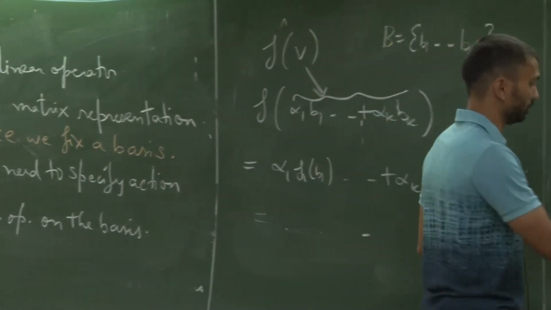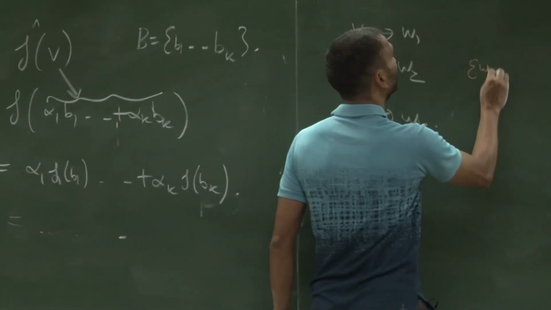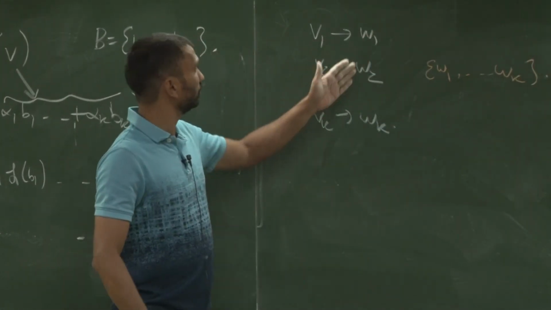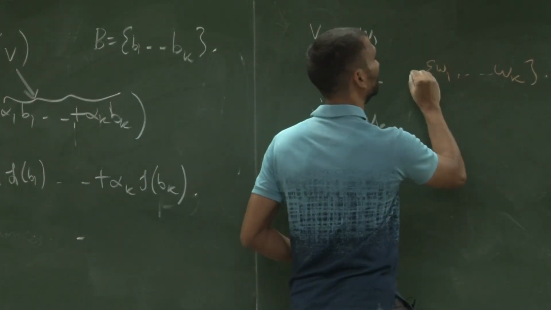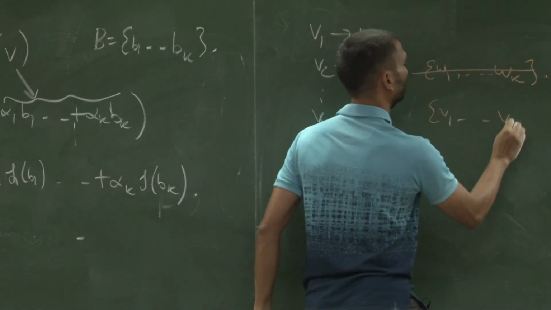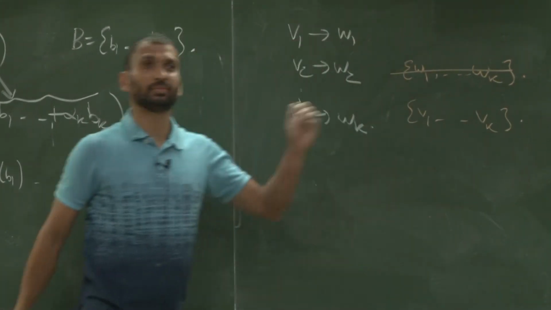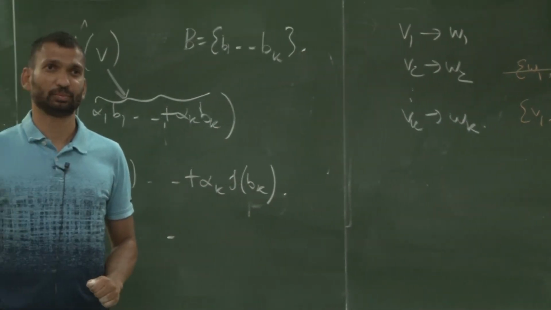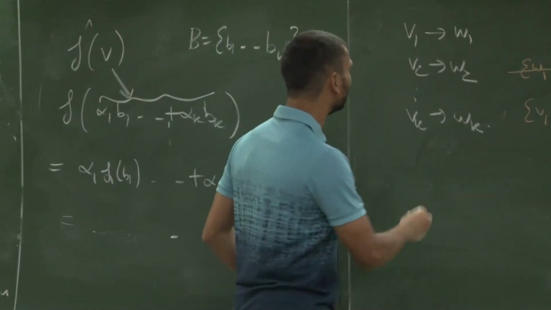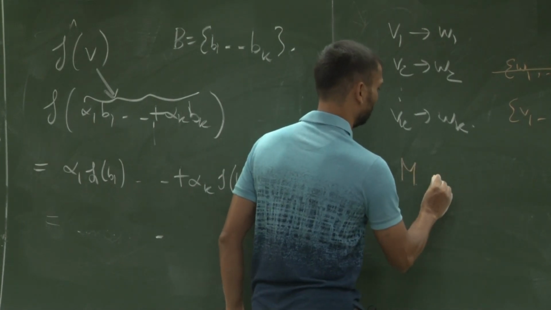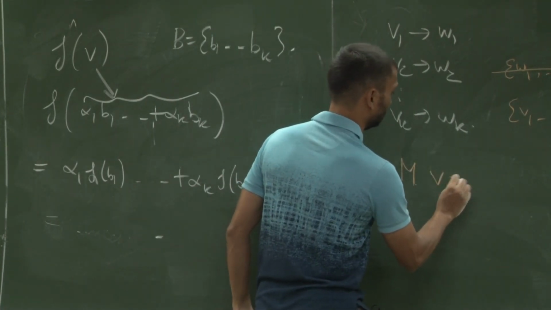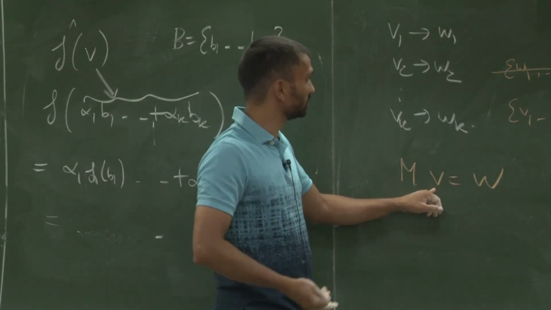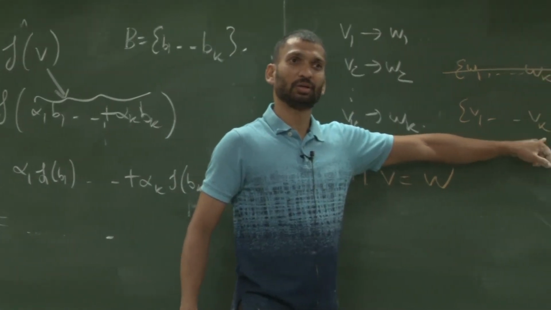Okay, let me simplify the problem for you. I want to write the thing in this representation. So when I write this as k coefficients, these are the coefficients of V1 to Vk.